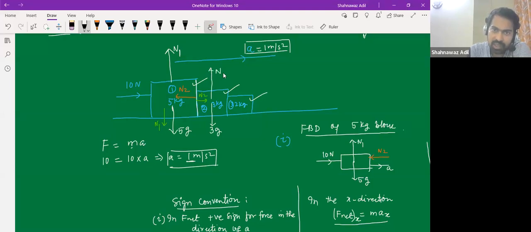Let me write it as N. What are the other forces that we have? This is also applying the perpendicular force in this direction. This N2 we have counted. What are the other forces that we have?